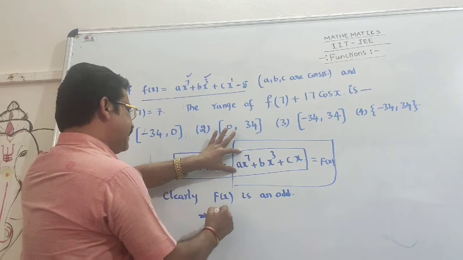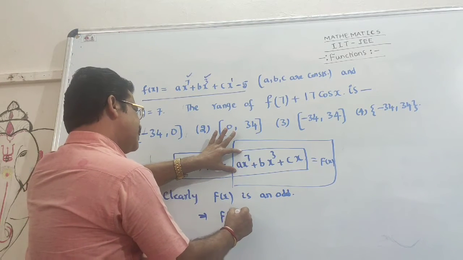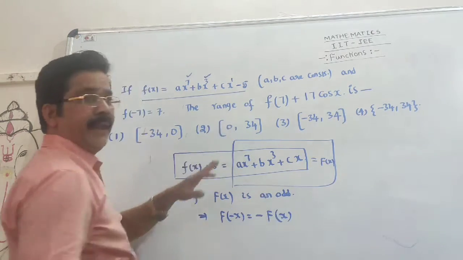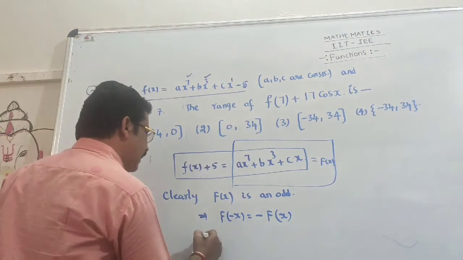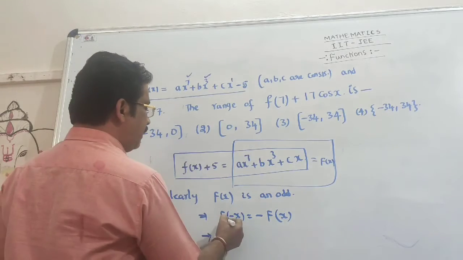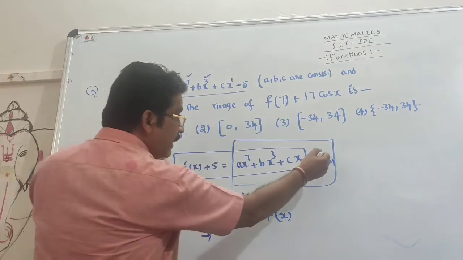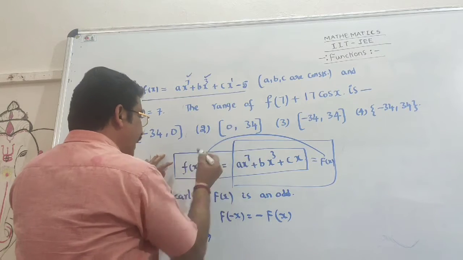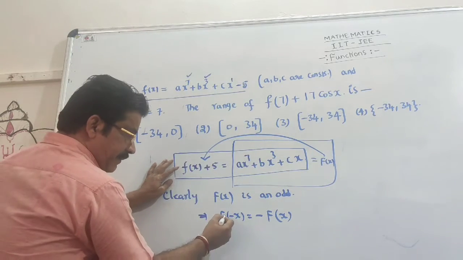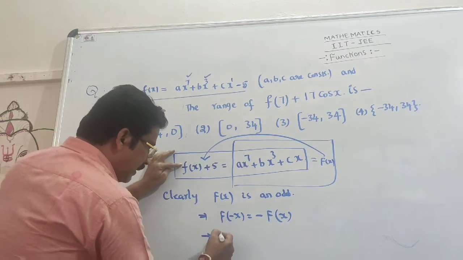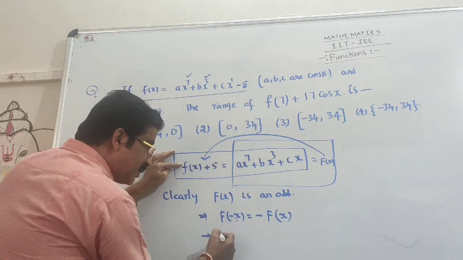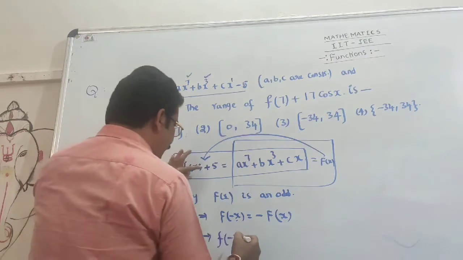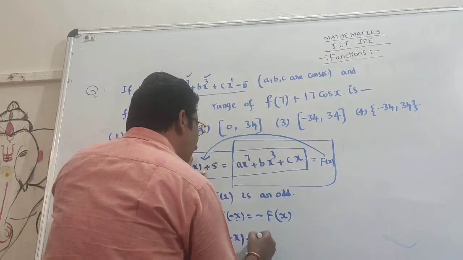So that implies capital F of minus x equals, according to the definition, minus F of x. Capital F of x is f of x plus 5, so capital F of minus x means you put minus x instead of x: f of minus x plus 5.